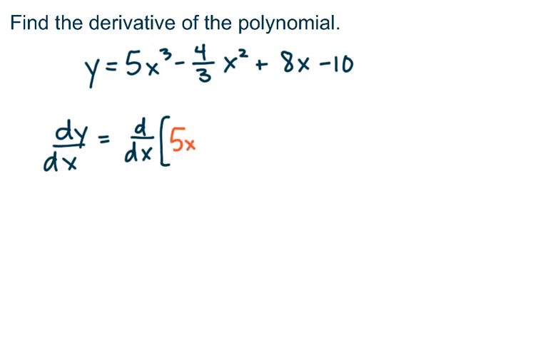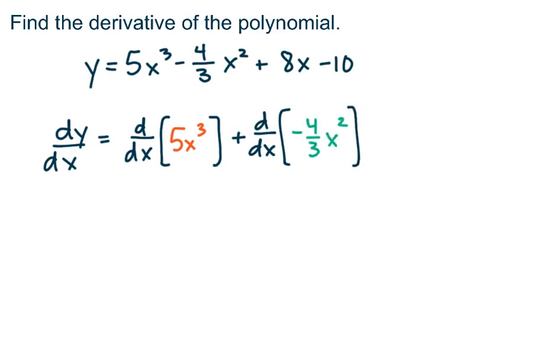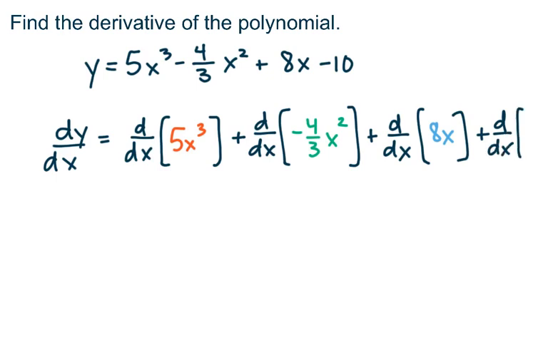So I have the derivative of 5x cubed, plus the derivative of negative 4/3 x squared, plus the derivative of 8x, plus the derivative of negative 10.